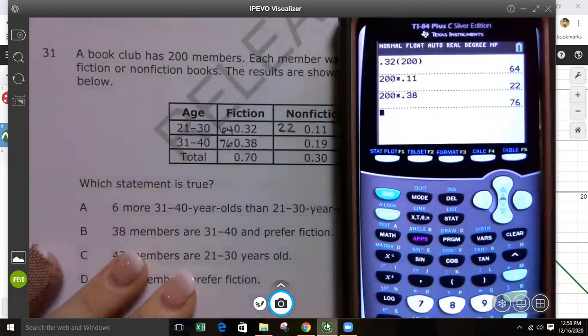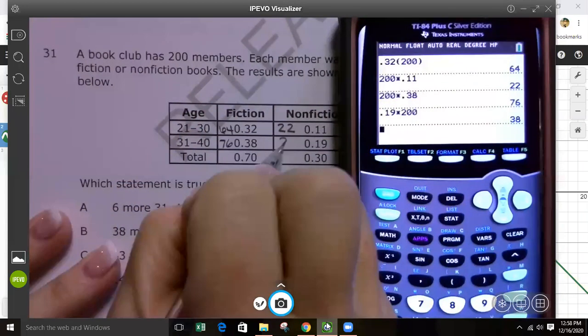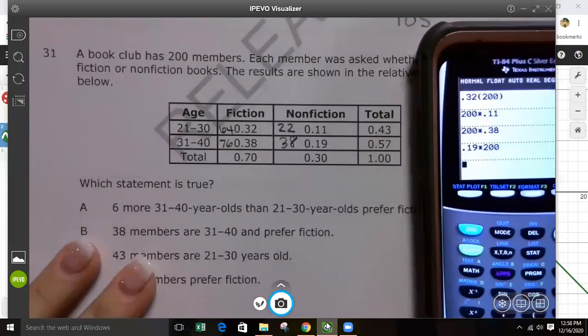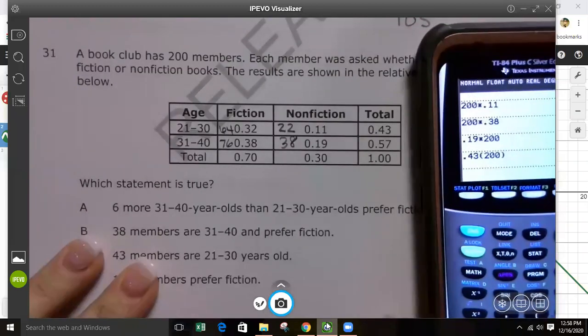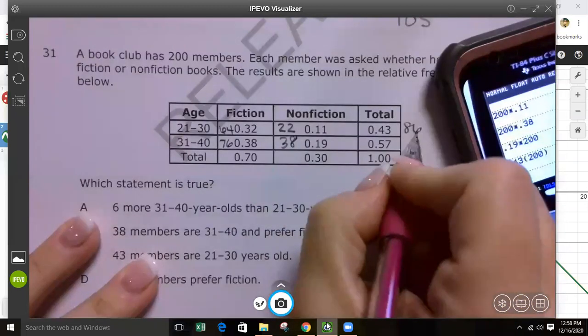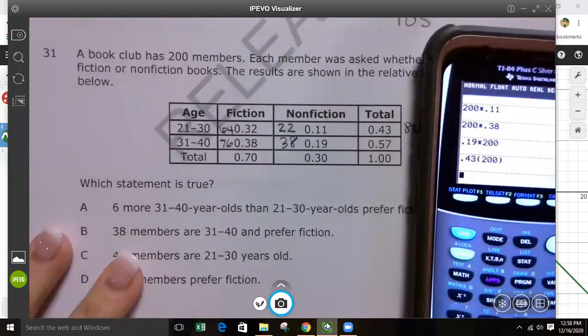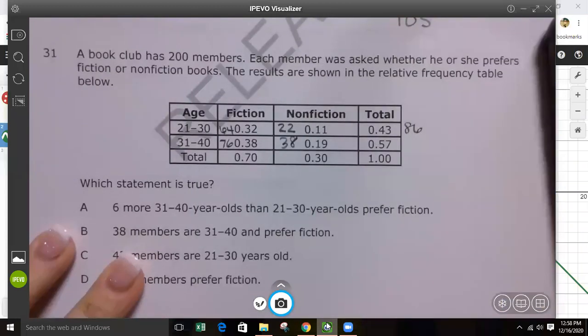And then nonfiction, 0.19 times 200 is 38. If we go over to the totals, we can do those too. 0.43 times 200. So there was a total of 21 to 30-year-olds, 86 of them. 0.57 times 200 is 114.